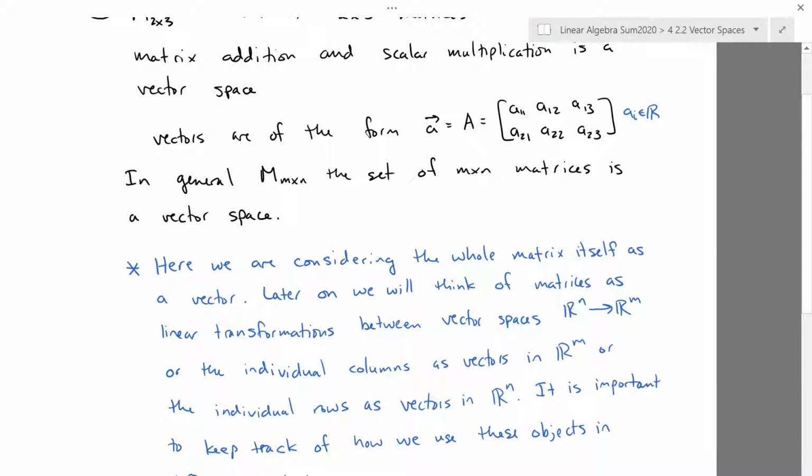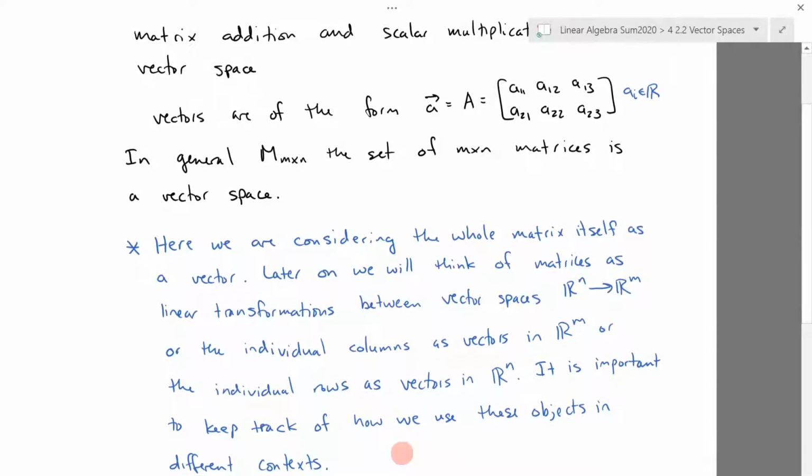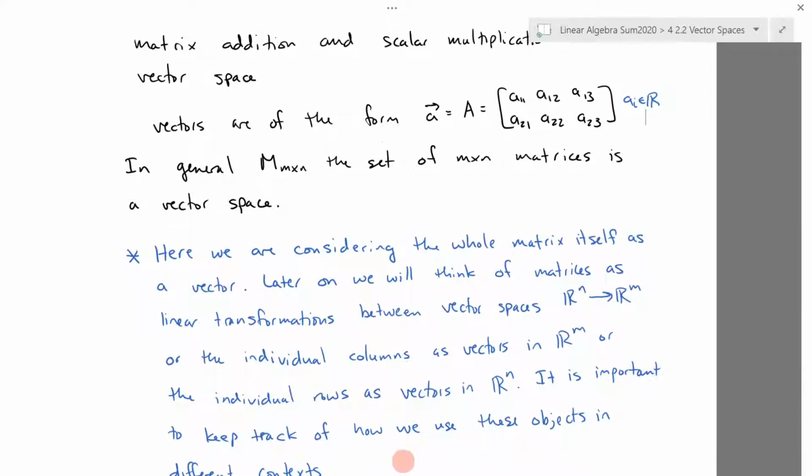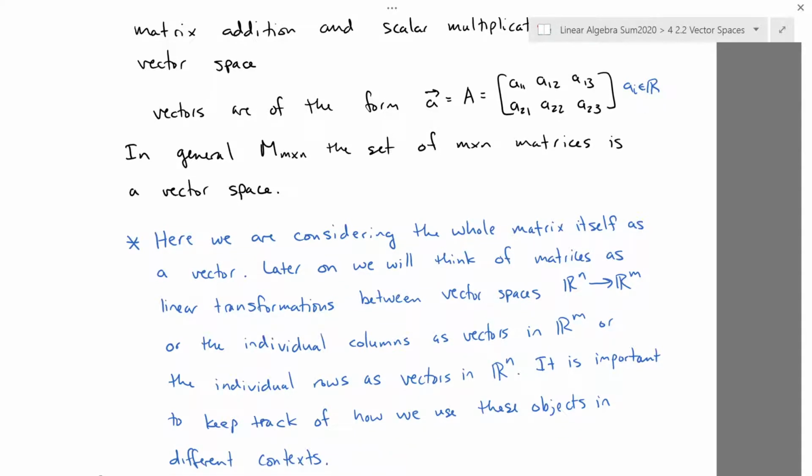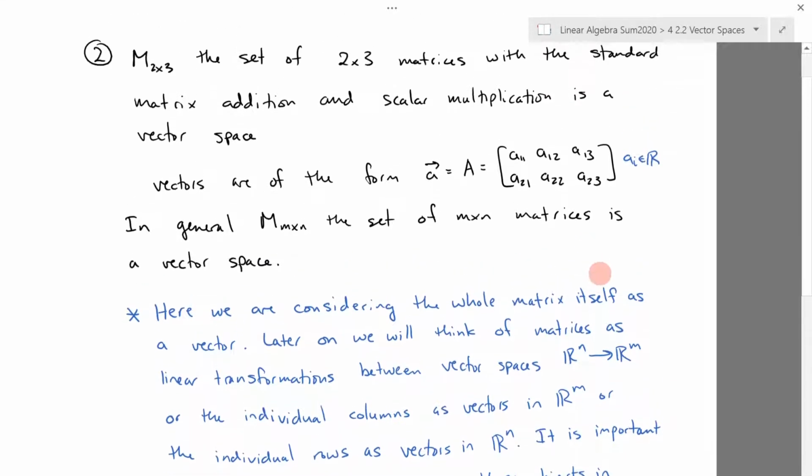Later on we'll think of matrices as linear transformations between vector spaces, and the individual columns can be thought of as vectors, or the individual rows can be thought of as vectors, right? So be careful how you think of a single object used in different contexts, and what we mean in each of these cases, right?